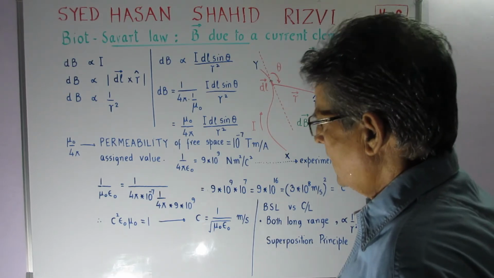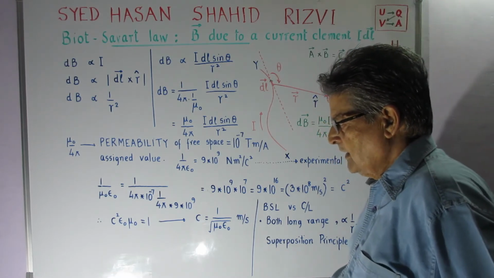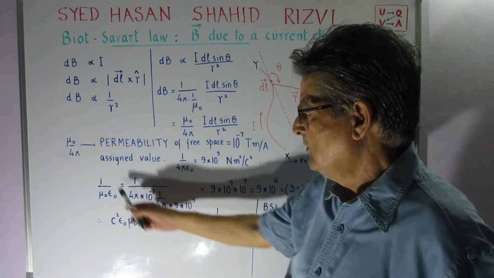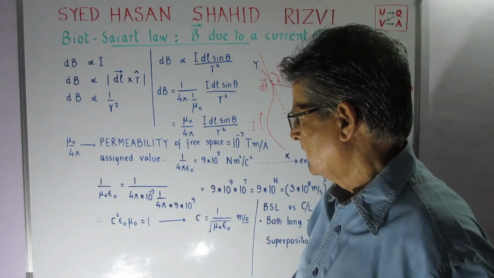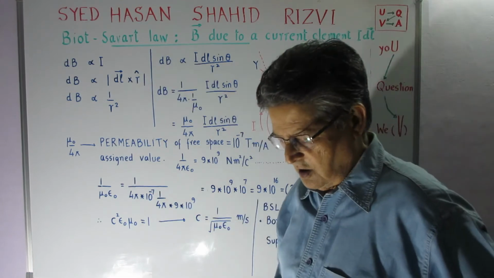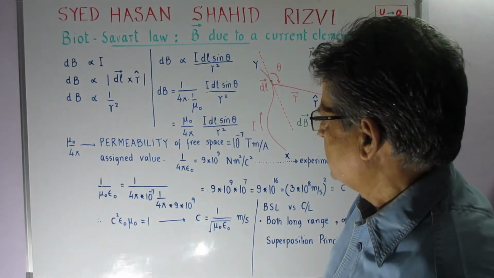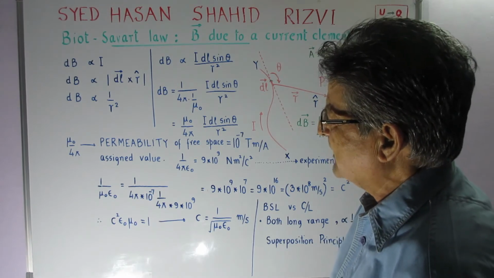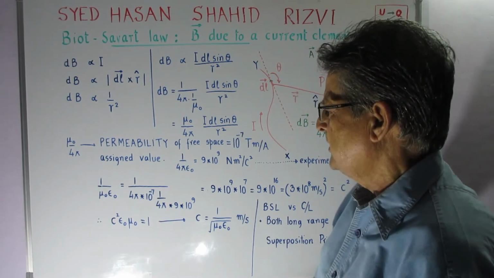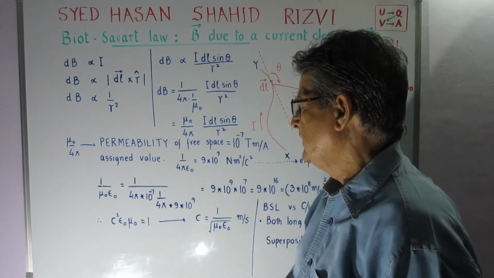Now let us try to find the value of 1 upon mu naught epsilon naught, combining these two friends together: epsilon naught, which is the permittivity of free space, and mu naught, which is the permeability of free space.